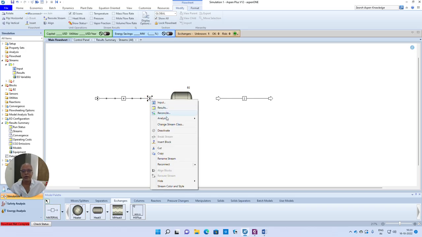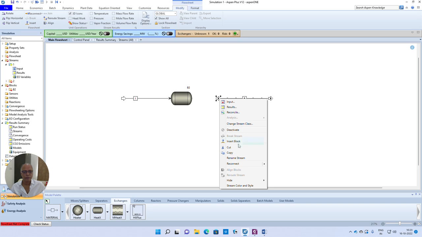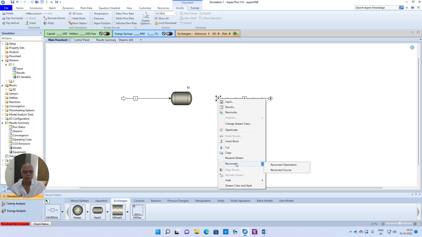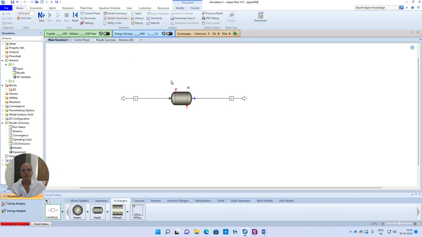Already we have defined the stream, so I am trying to reconnect. Now I'll be adding, remember the heater model was not, sorry, let me also show you the block results. Earlier, I missed this point.